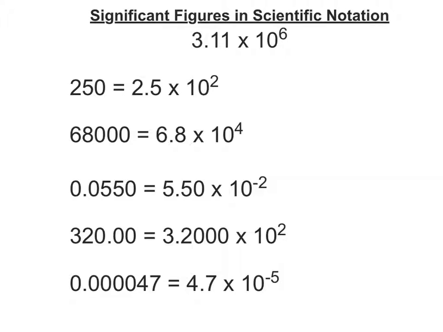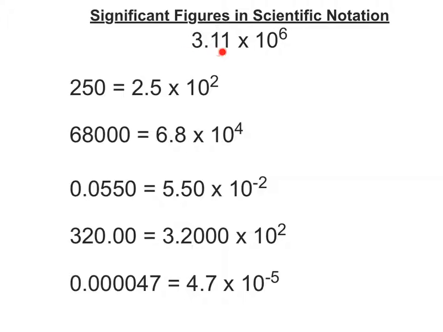We can write numbers in regular notation as well as scientific notation. Scientific notation is used when we have to write numbers that are considerably smaller or larger. Scientific notation has two components, the coefficient and the exponent.